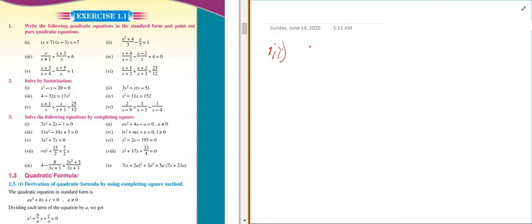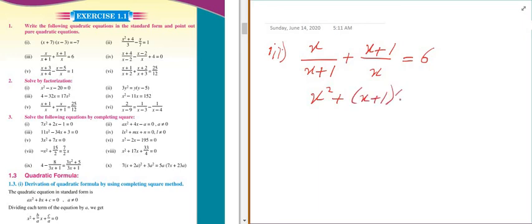Third, x divided by x plus 1 plus x plus 1 divided by x equals to 6. Now take LCM on both sides, we get x square plus x plus 1 equals to 6x into x plus 1.